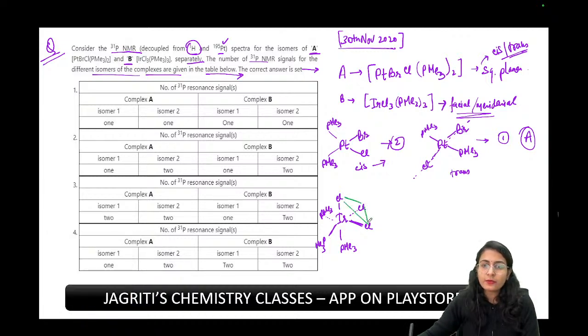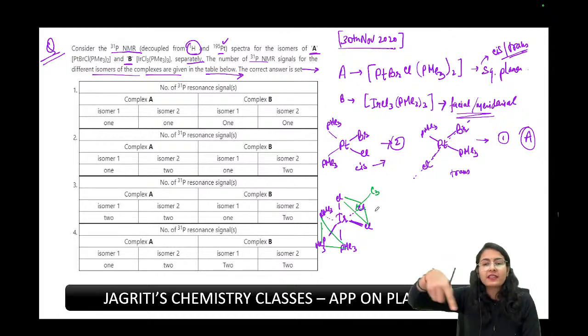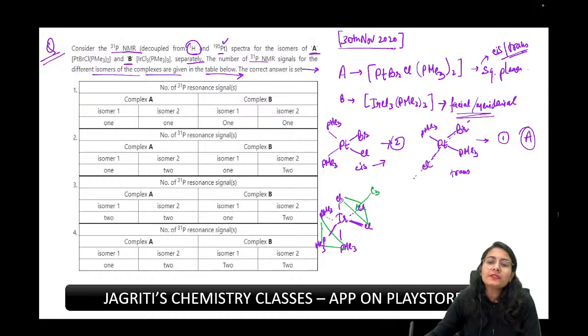That you form a face on one of the sides and another face on the other side. So what is in this? A C3 axis. So a C3 axis is going to make all of the phosphines the same. All phosphines will become the same. Isn't it? Rotate by 120 degree. This comes over here. This comes over here. So only one signal for the facial isomer.